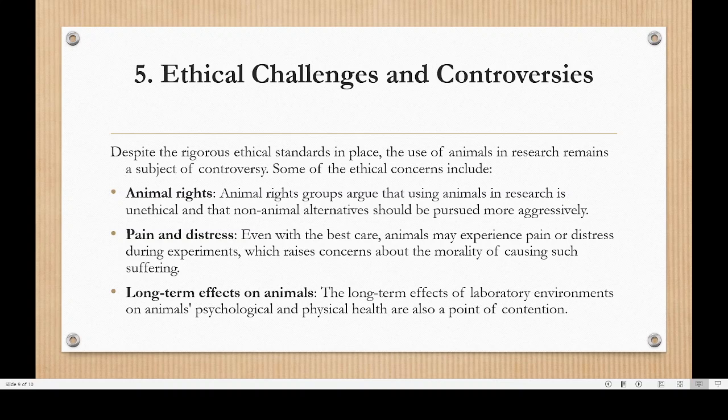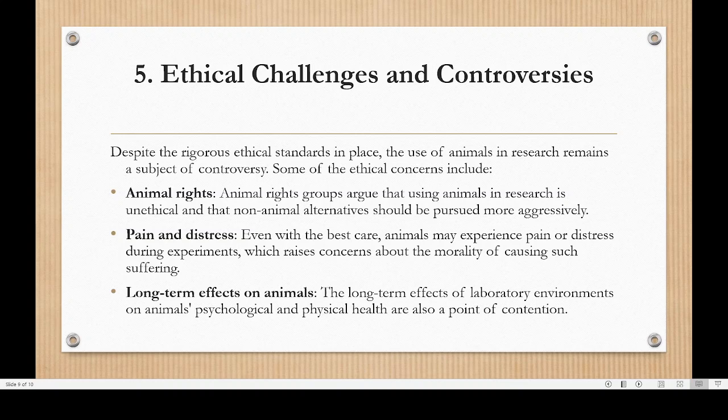According to the people who advocate for animal rights, we should not use animals. They are also living beings. We should not kill animals just because it benefits human beings. Their argument is that whenever possible, we should use other models, like computer models or software models, rather than directly working on animals.